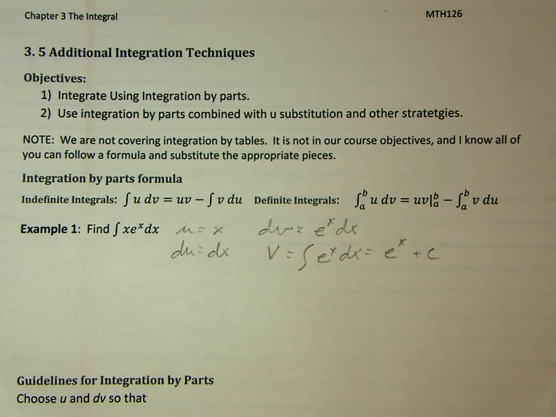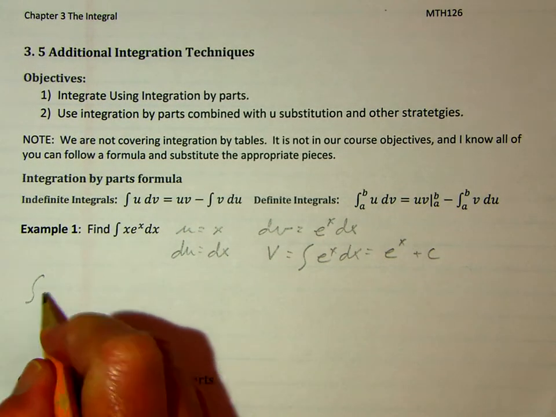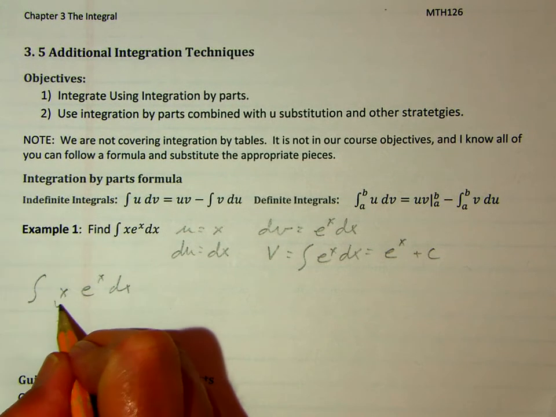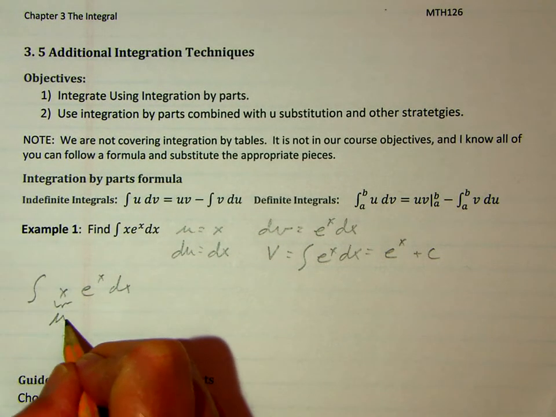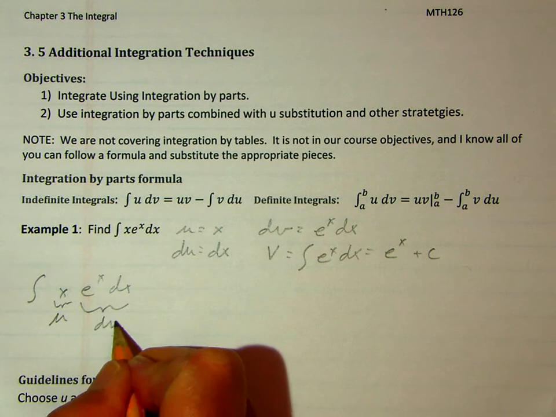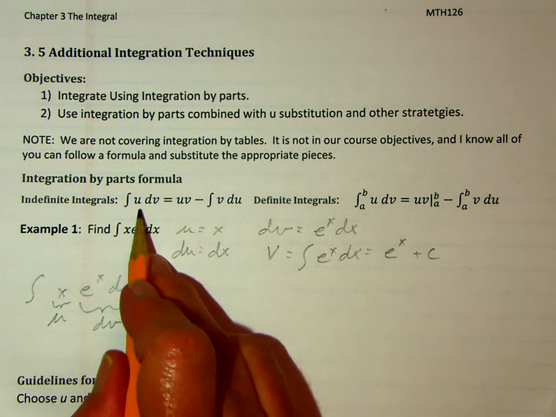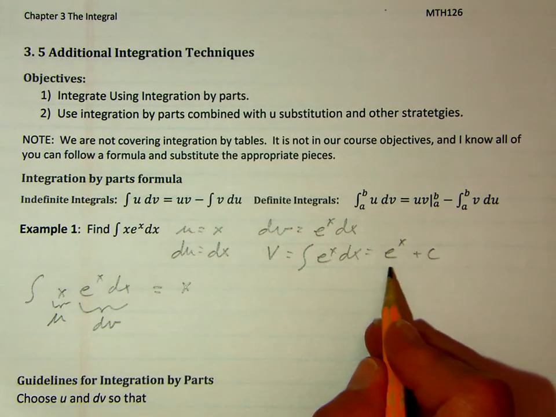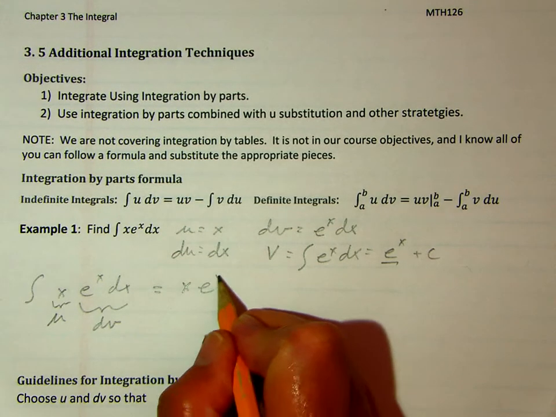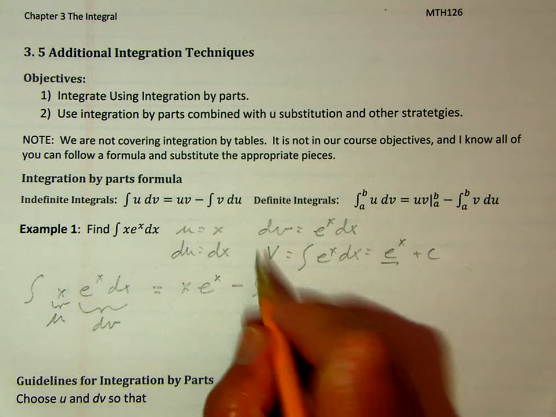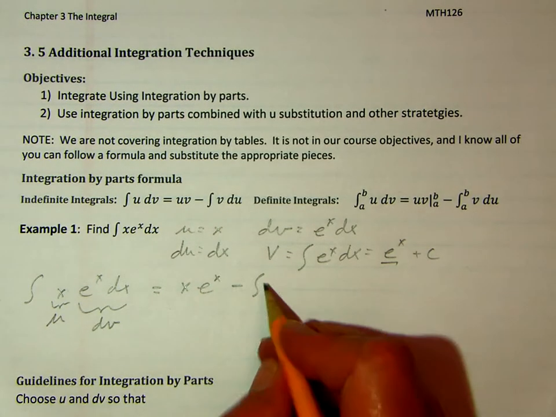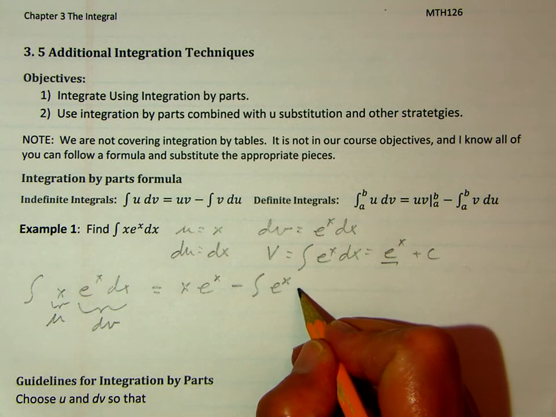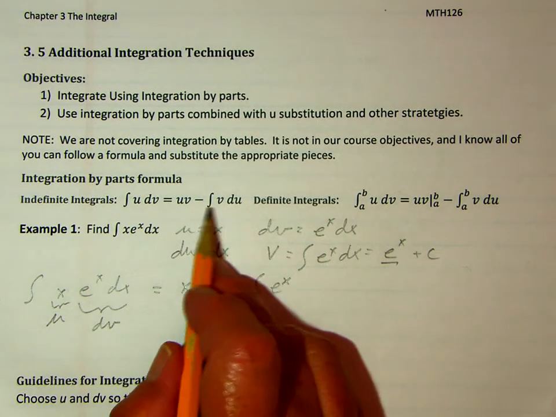So now we can do our substitution. Our integral x e to the x dx, this is my u, this is my dv, equals uv minus the integral v du.